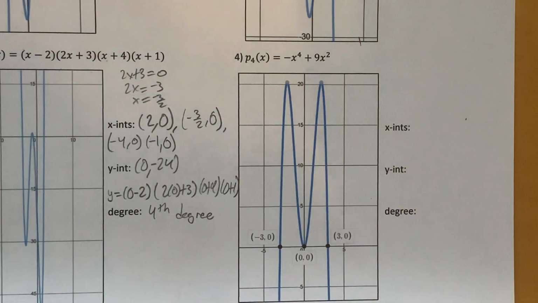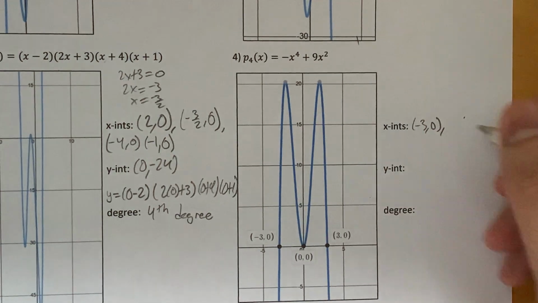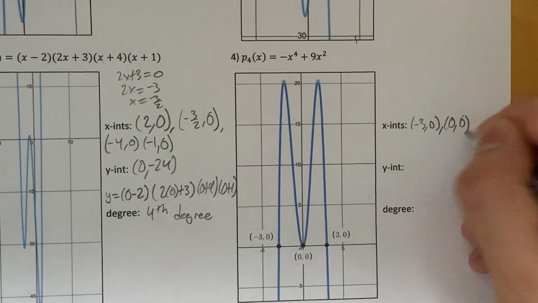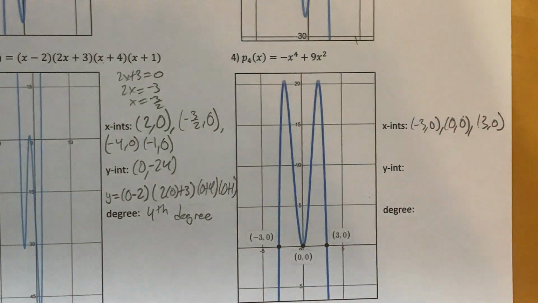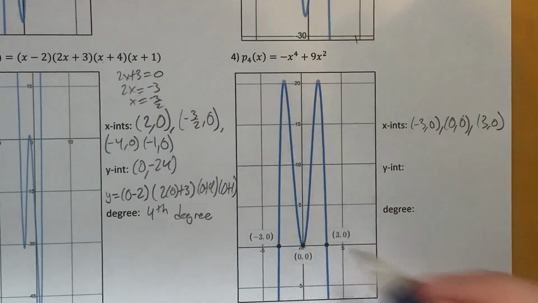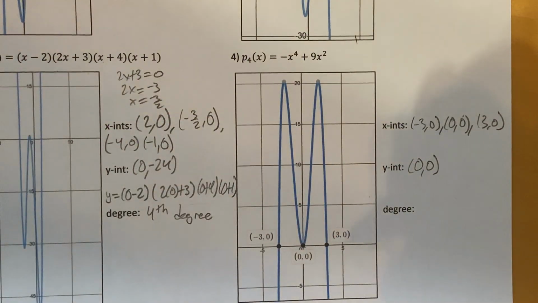The y-intercept could also be an x-intercept, as shown here. So, -3, 0, 0, 0, 3, 0. Right there. The y-intercept only crosses once at 0, 0.